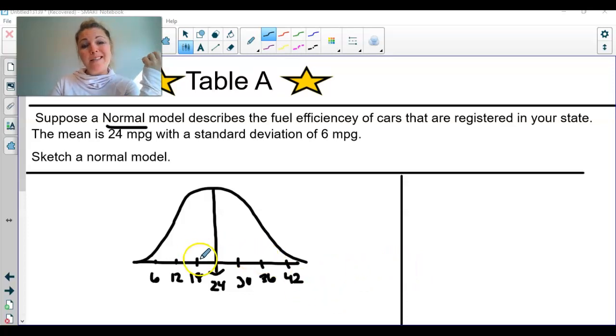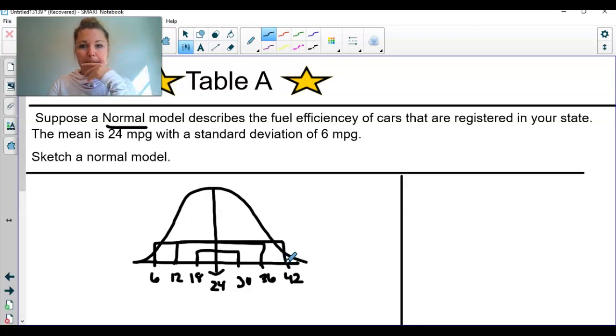We can say that 68% of cars get between 18 and 30 miles per gallon, right? We can say that 95% get between 12 and 36 miles per gallon. And then we could say 99.7%, well, they get between 6 miles per gallon and 42 miles per gallon.